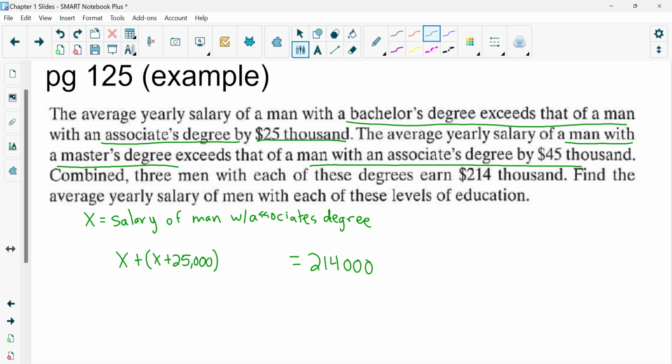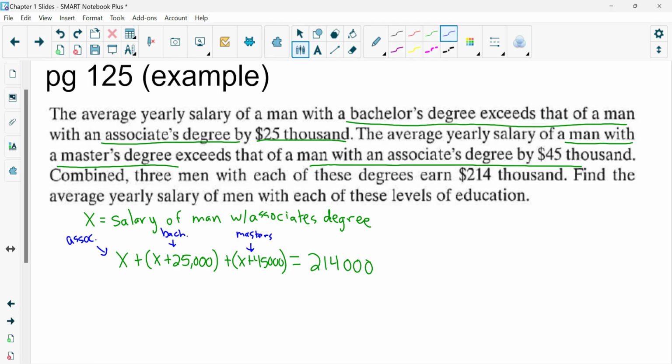And then I add that to the master's degree, which exceeds the associate's by 45,000. So I'm going to write that as x plus 45,000. If you need a reminder, this is the associate's degree, this is the bachelor's degree, this is the master's degree.